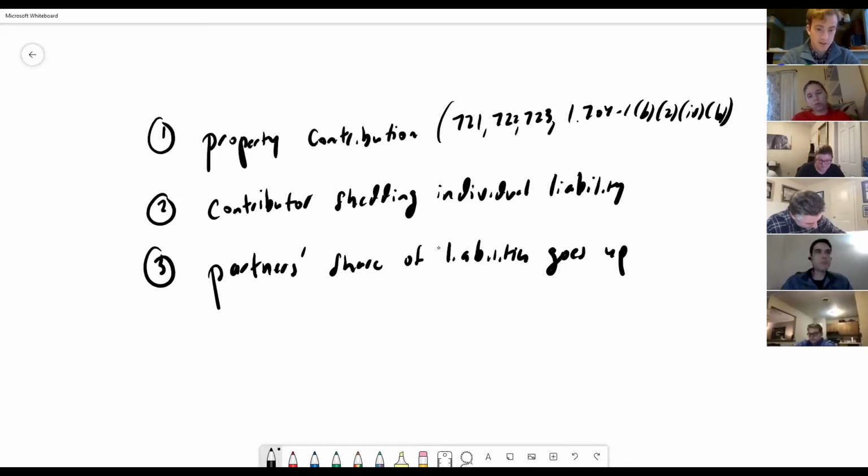And for the contributor, we're going to see that this shedding of the debt in step 2 is going to reduce their outside basis. And then the contributor may get some or all of that debt back in step 3. So those are the steps we're going to take.